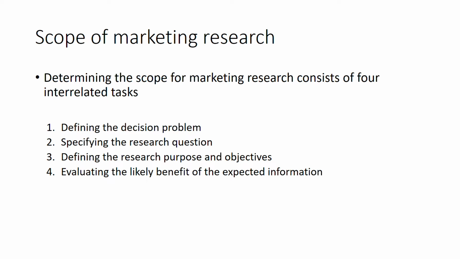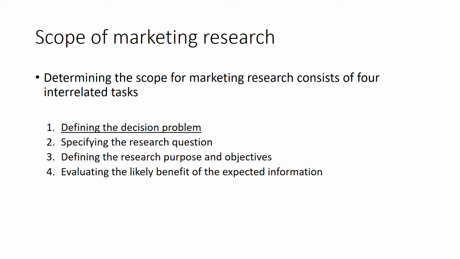But in misdefining the decision problem, they decided that the solution was taste rather than brand. And finally, we need to evaluate the likely benefit of the expected information, because research is expensive and it's time consuming and the benefits may not outweigh the costs.